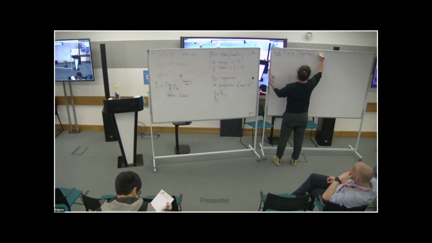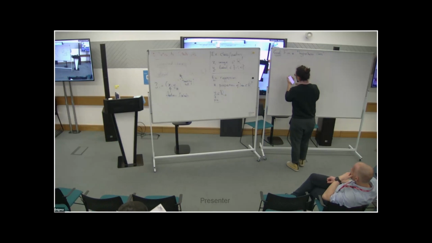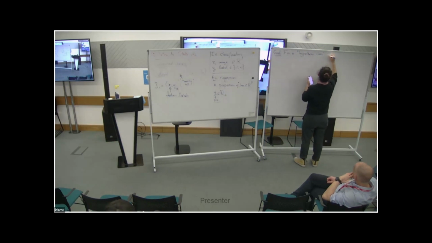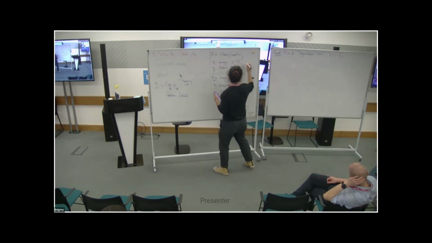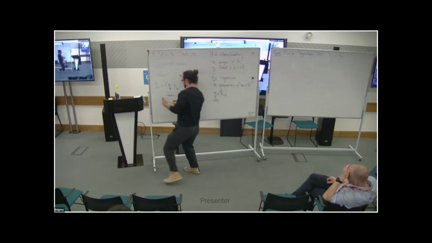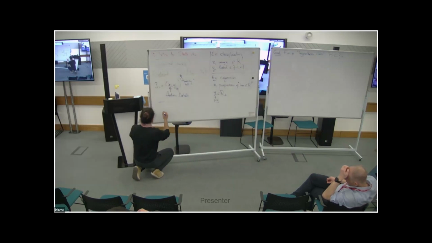Hypothesis class, which I'm defining with curly H, is a subset of all the functions from X. First I forgot to mention, let's say the features are coming from some space curly X, and y's are coming from curly Y, the label space.